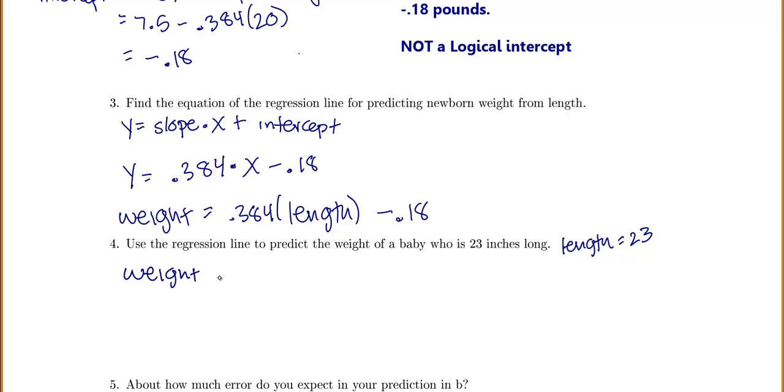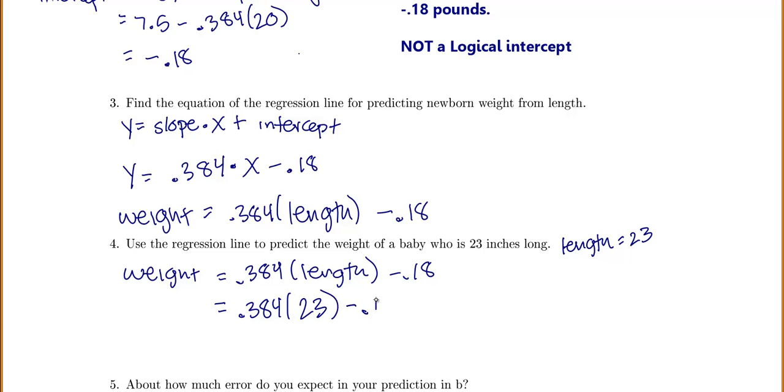So our weight equals 0.384 times length minus 0.18. If we plug in our 23 inches for length, 0.384 times 23 minus 0.18, this gives me 8.652 pounds.